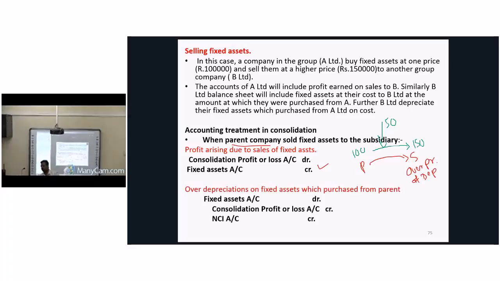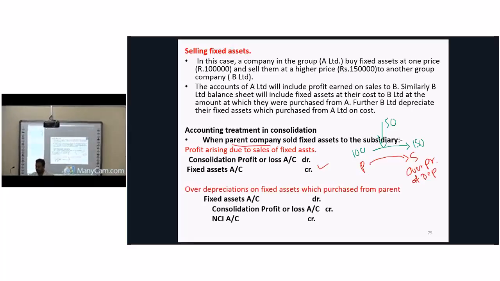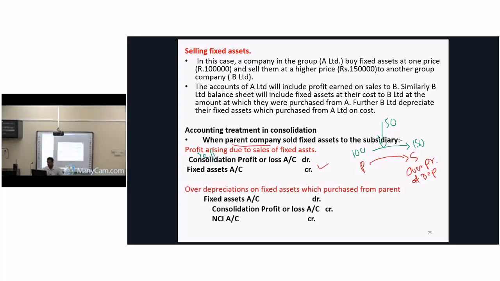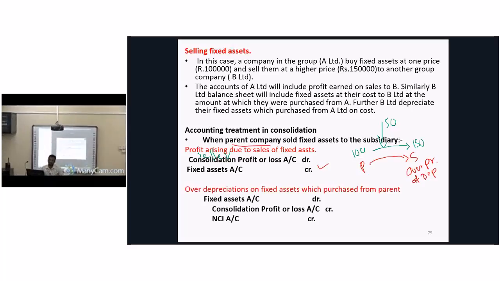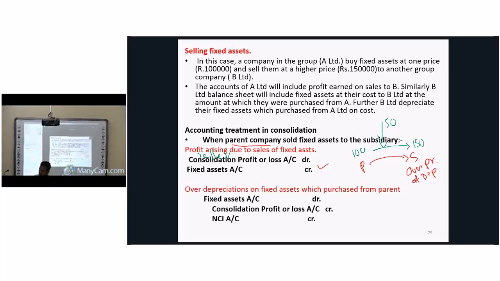Now look here, in the consolidated profit and loss account, when the parent sold a fixed asset to the subsidiary, how to do it? The seller's retained earnings debit, fixed assets or property, plant and equipment credit, because group property, plant and equipment will be overstated as a result of this.